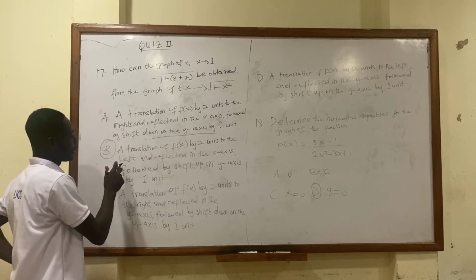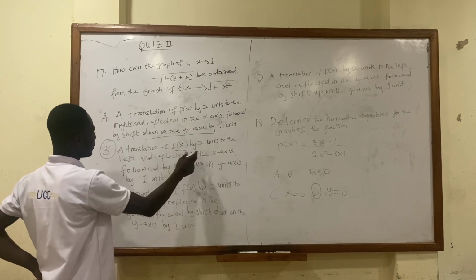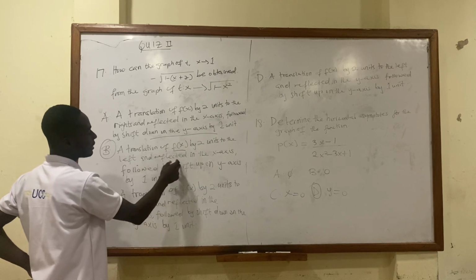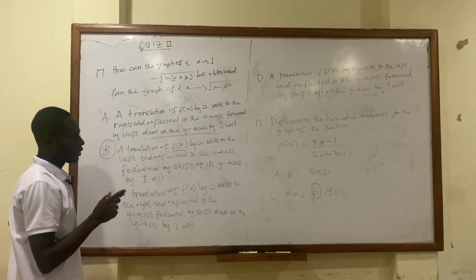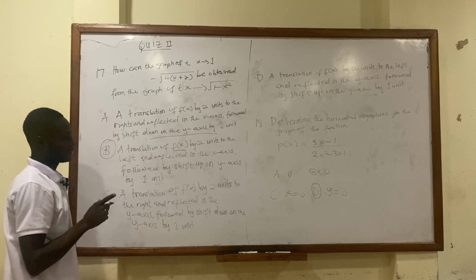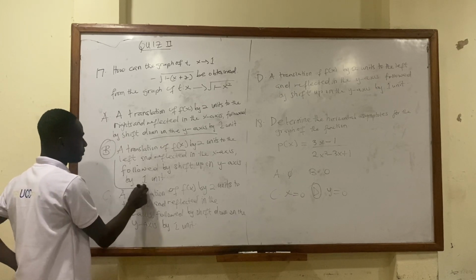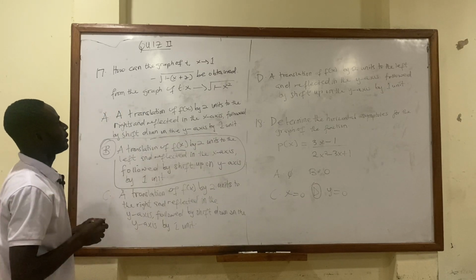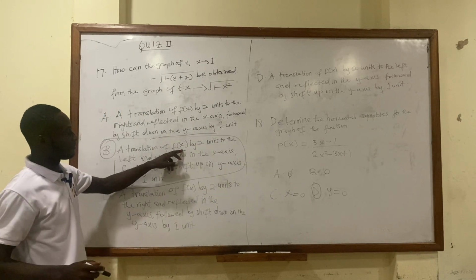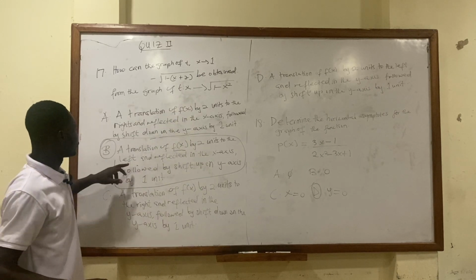So let's check the option B. A translation of f of x by 2 units to the left and reflected in the x-axis followed by shift up on y-axis by 1 unit. Yes. So we say that our option B is the right option. Alright. A translation of f of x by 2 units to the left.